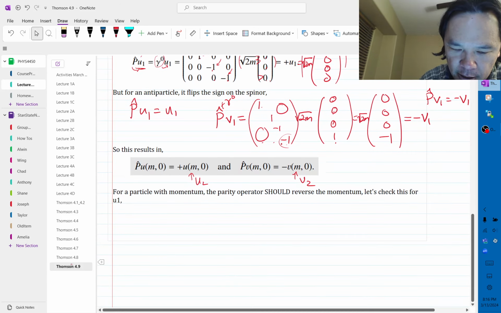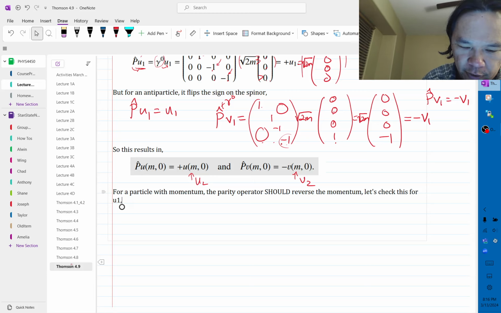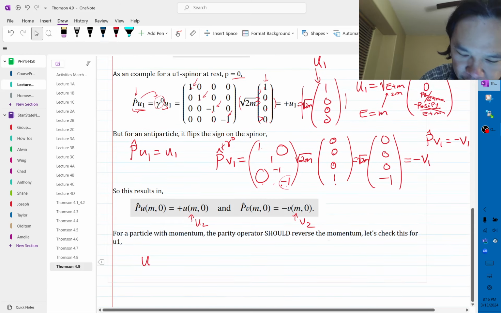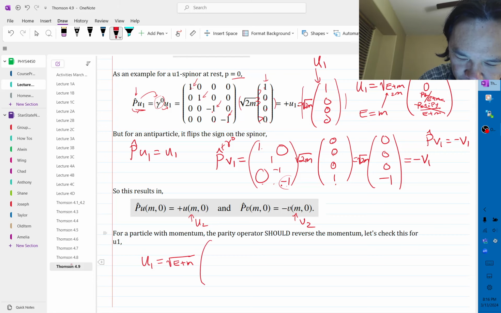So for a particle with some momentum, let's just do that in general. So U1, I had it written up here, let's just copy that down for practice. E is no longer equal to m because we have momentum now, so there's going to be Pz over E plus m, and Px plus i Py over E plus m.